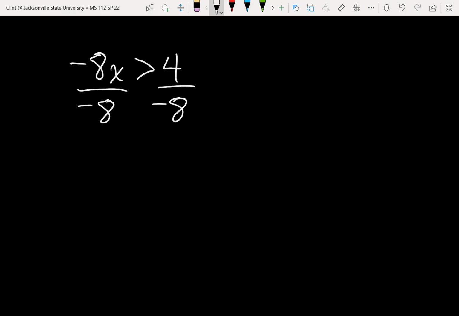Since we're dividing both sides by a negative number, we're going to flip the inequality, so we end up with x is less than -4/8 or -1/2. So if you multiply or divide both sides by a negative, that's when you have to flip the inequality. Other than that, you can just treat it just like an equal sign.